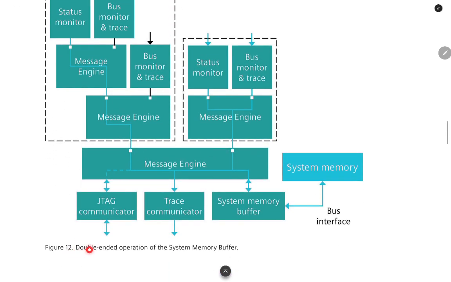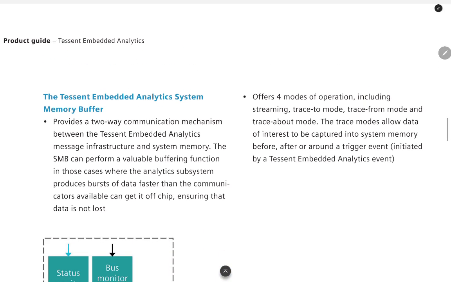Figure 12 is double-ended operation of the System Memory Buffer, and it offers four modes of operation, including streaming and trace modes. The trace mode allows data of interest to be captured into system memory before or after a trigger event initiated by a Tessent Embedded Analytics event.